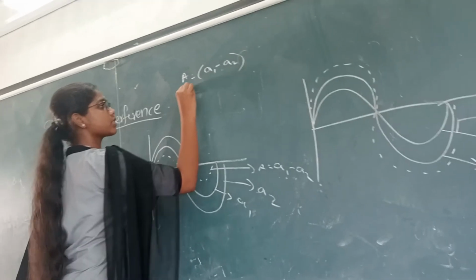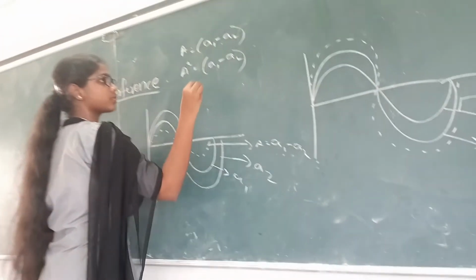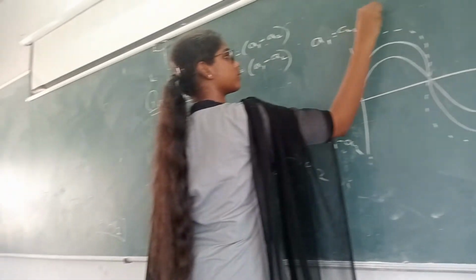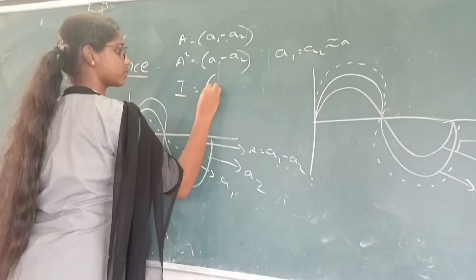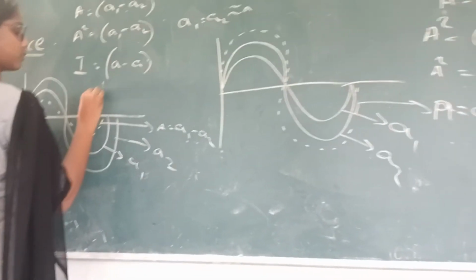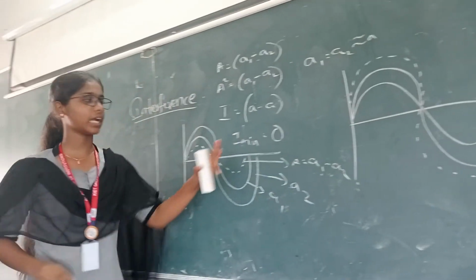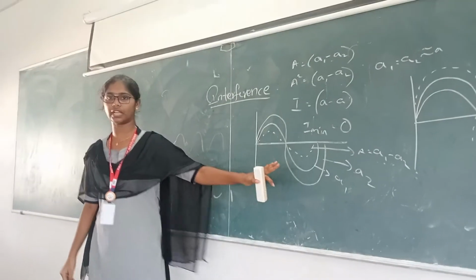Squaring on both sides. And I minimum, here the destructive interference has 0 value.